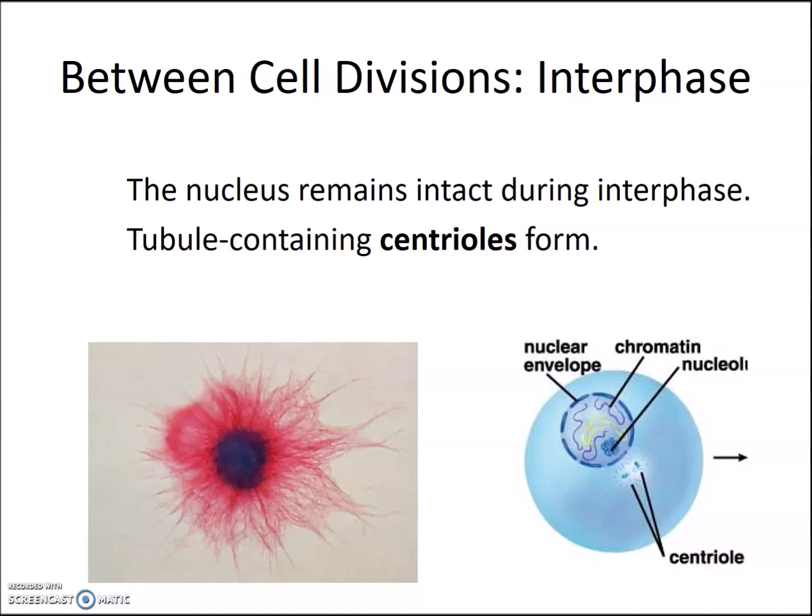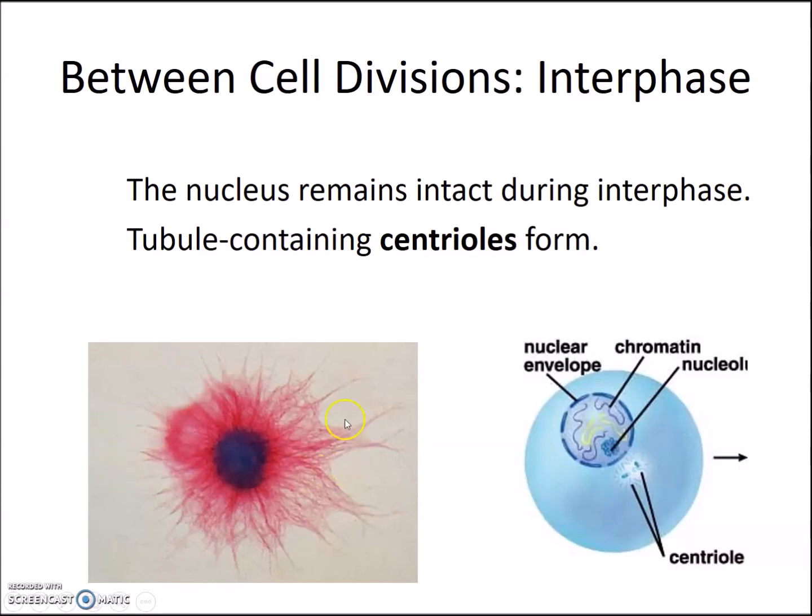A centriole is a small cell structure found in animal cells that guides cell division. Tubules that are contained in the centrioles are like train tracks along which chromosomes move from the middle of the cell to each of the ends where the new cells are formed.